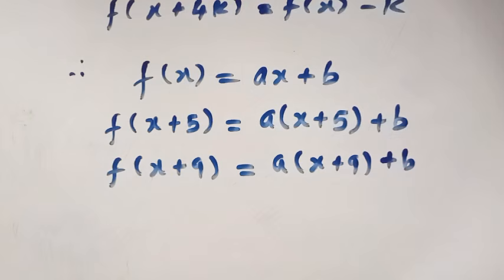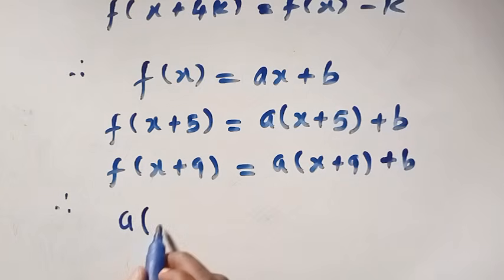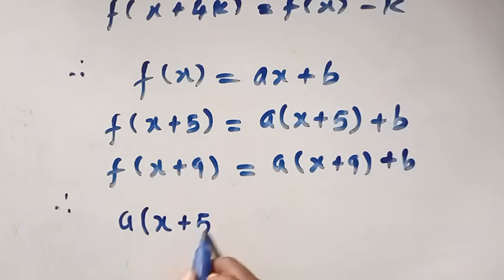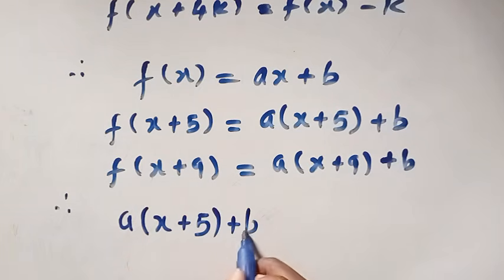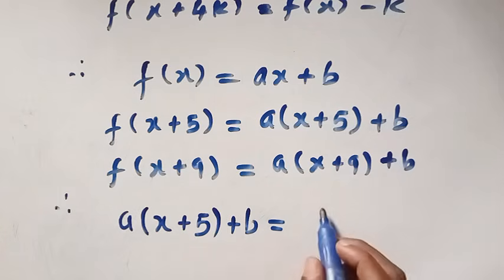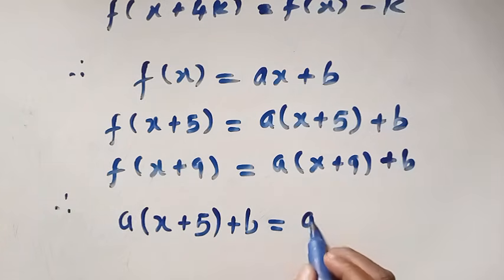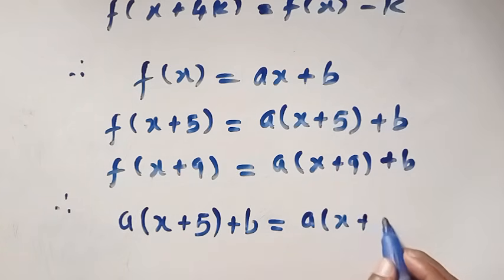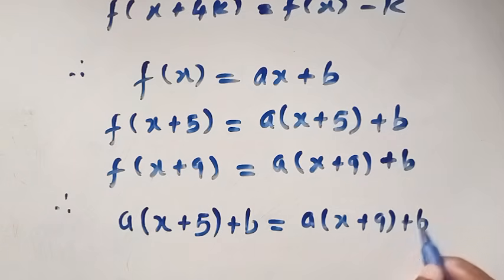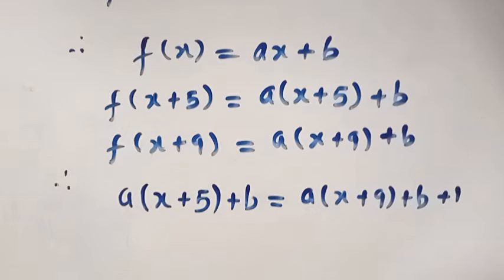So by equating the two together, we are going to have a bracket x plus 5 plus b equals f of x plus 9. It gives us a bracket x plus 9 plus b, then plus 1 that we have.